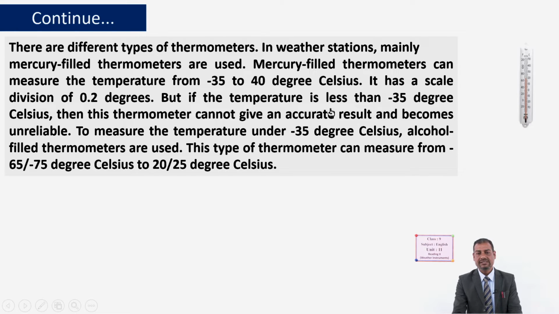But if the temperature is less than -35 degrees Celsius, then this thermometer cannot give an accurate result and becomes unreliable. To measure the temperature under -35 degrees Celsius, alcohol filled thermometers are used. This type of thermometer can measure from -65 or -75 degrees Celsius to 20 or 25 degrees Celsius. Okay, you read it once again.